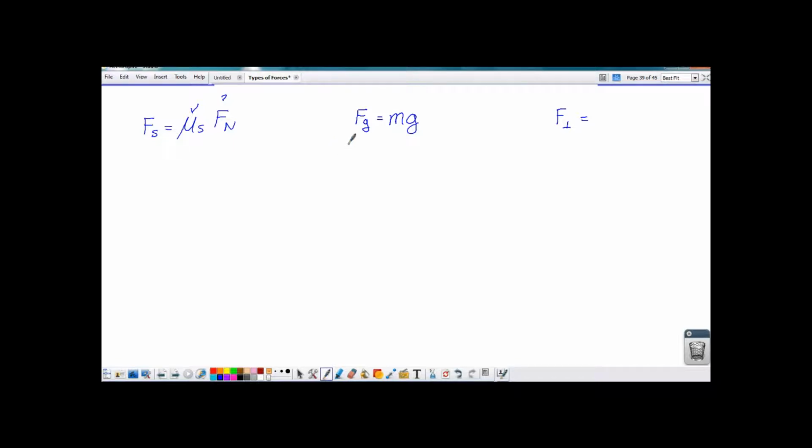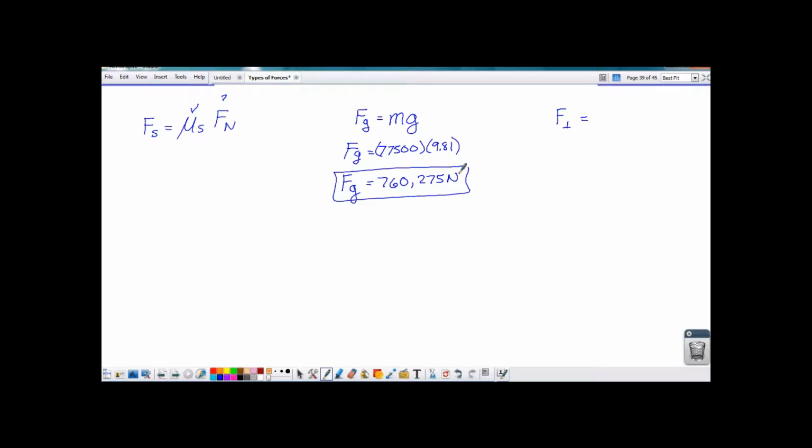So the gravitational force is equal to the mass, which we wrote down on the other page was 77,500 kilograms, times the gravitational field constant, 9.81 newtons per kilogram. So the gravitational force is going to end up being 760,275 newtons.